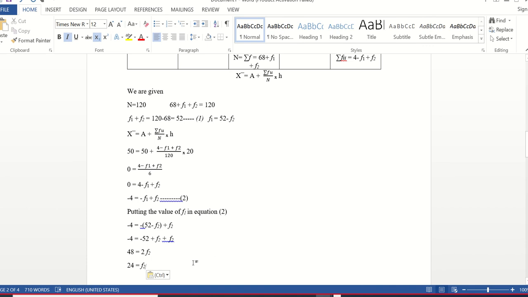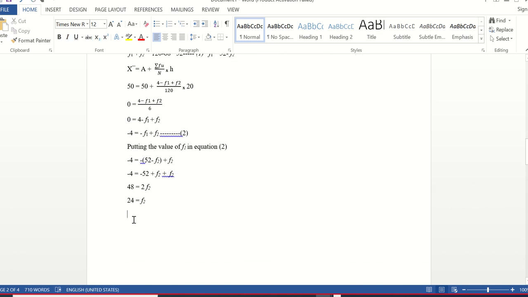Now we have got one missing frequency. Now we will find the other frequency, f1. We can put this value of f2 in any of the equations, so I'll put it in this equation only. f2 we have calculated is 24, so f1 is 28.